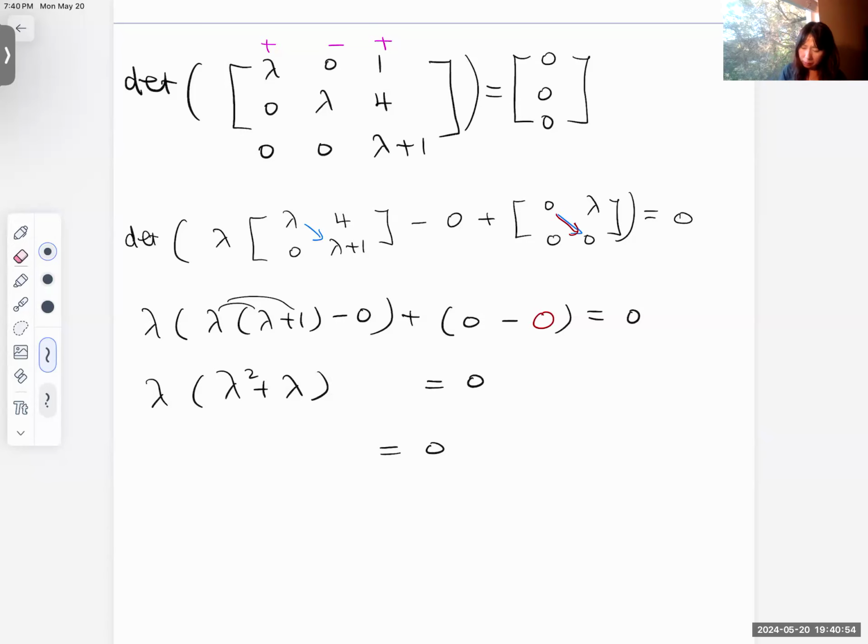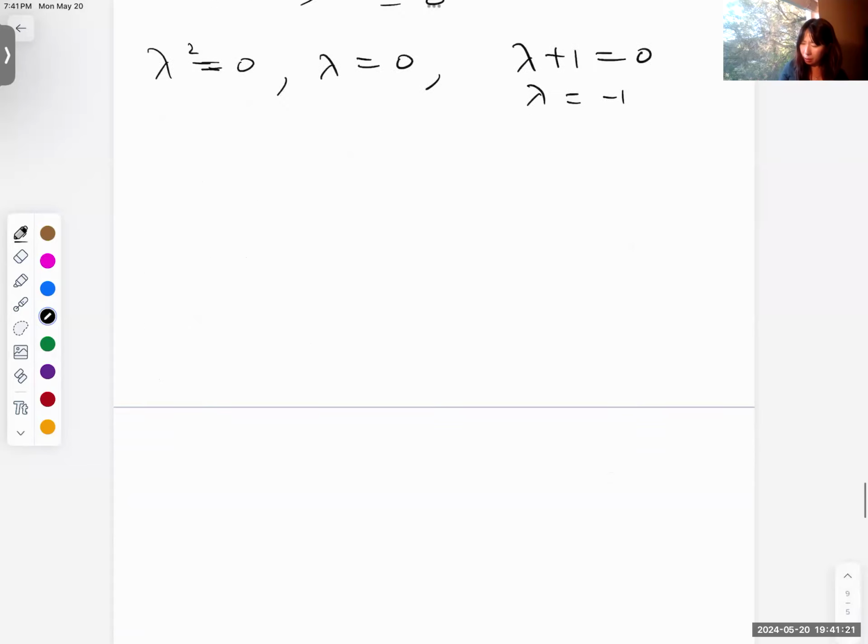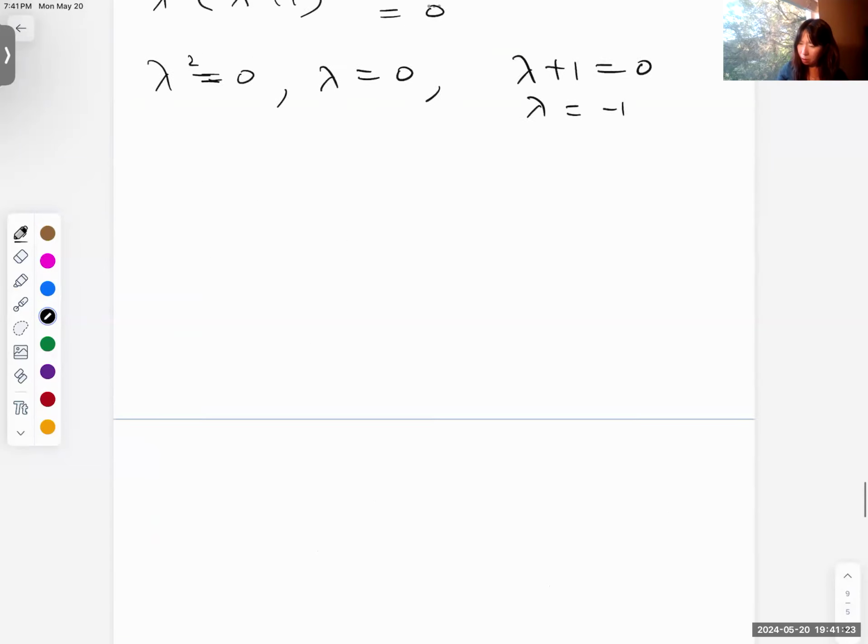So lambda cubed, maybe we can take it out. 1, so lambda plus 1, yeah? Yeah, so -1 and 0, exactly. So not x, lambda equal to 0, and lambda plus 1 equal to 0, lambda equal to -1. Yes?